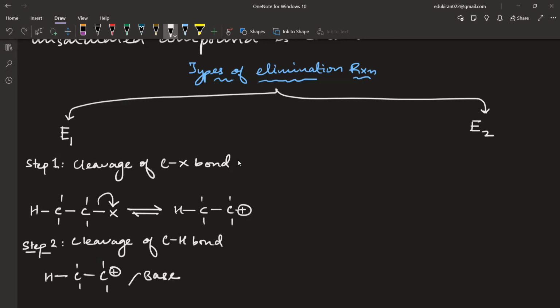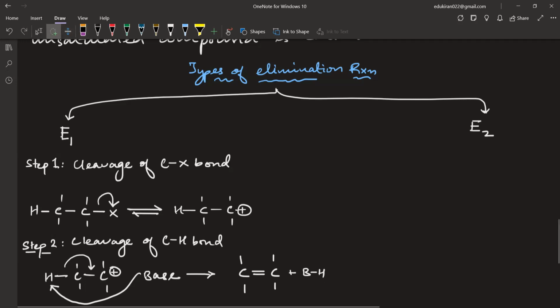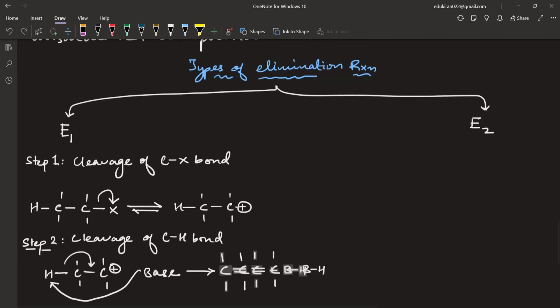So the base will come and it will take the hydrogen, and this electron will go here, and you will be getting C double bond C, like this. So what is this now? This is an unsaturated hydrocarbon, alkene, plus you will get base and H. So what is the use of base? Base is used for abstraction of proton. It is abstracting and eating up the proton.